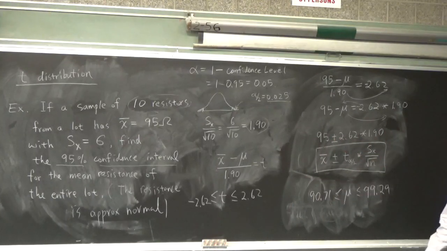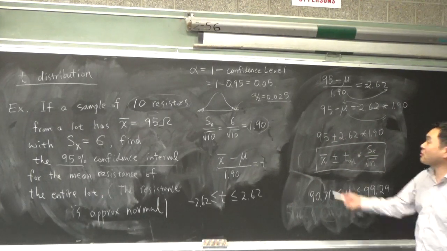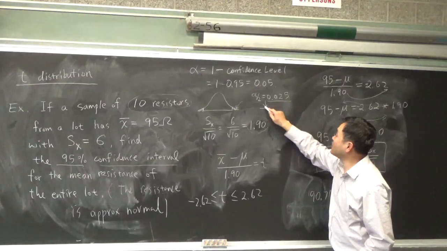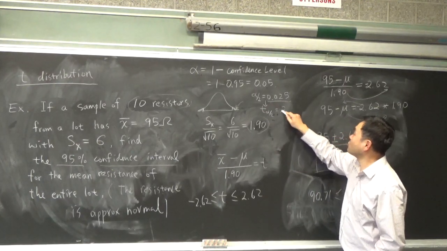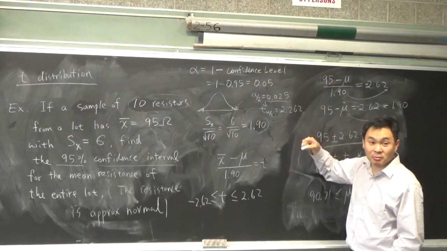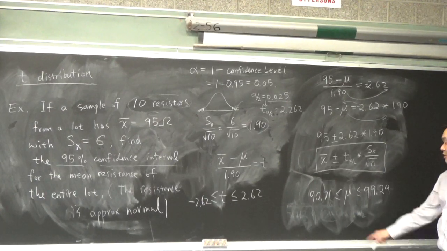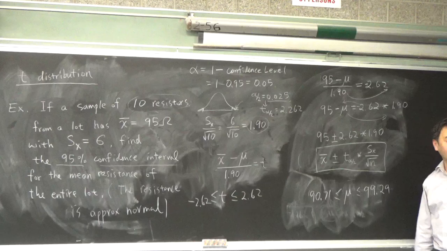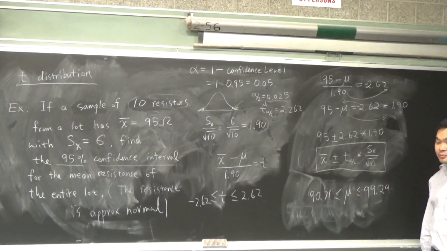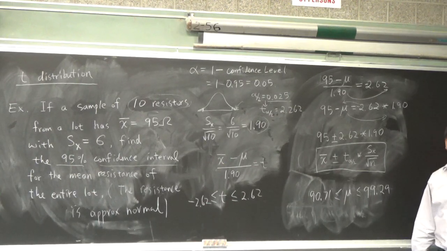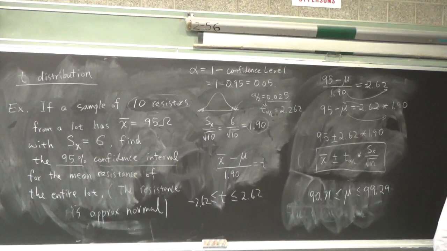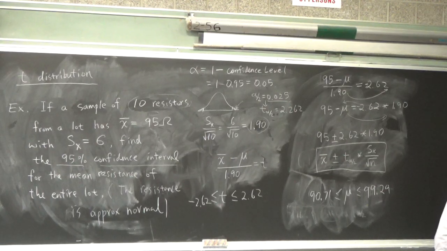I almost forgot to say what it is. So from here we found out that T alpha over 2 is 2.262 from the t distribution. And then this is a confidence interval. Is this okay? All right.